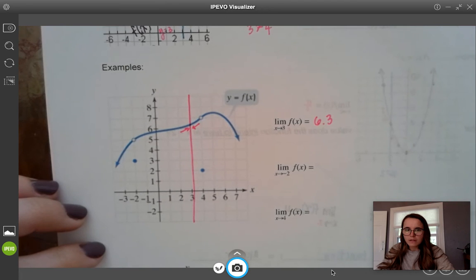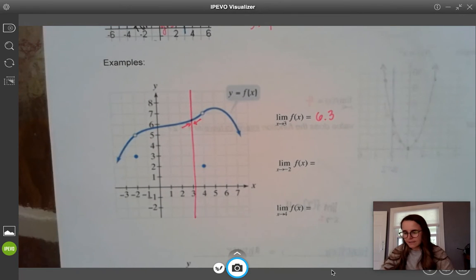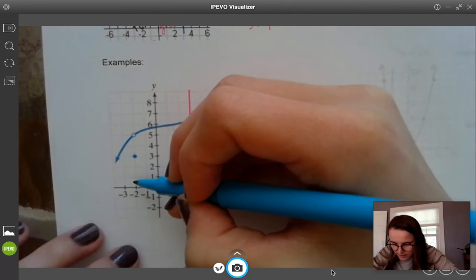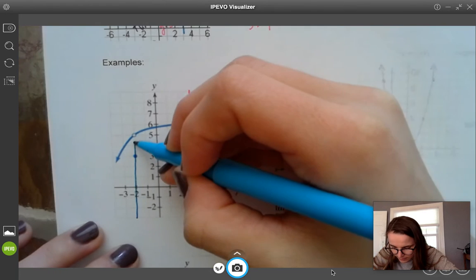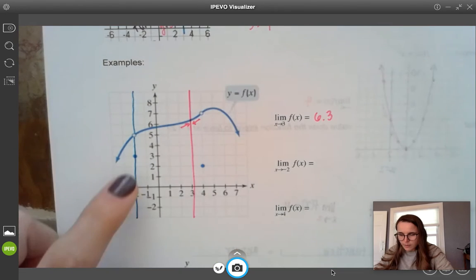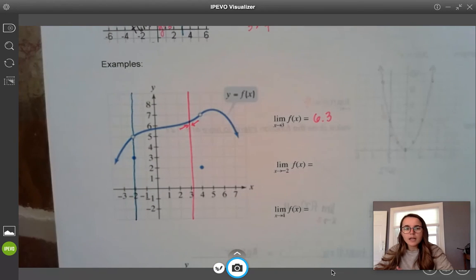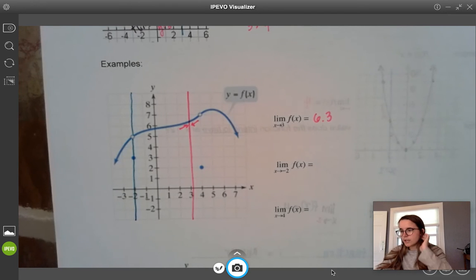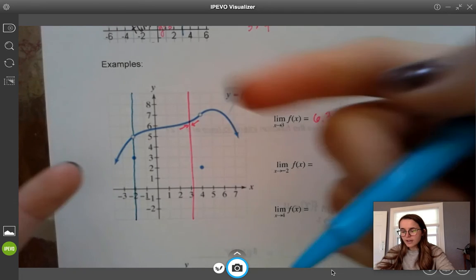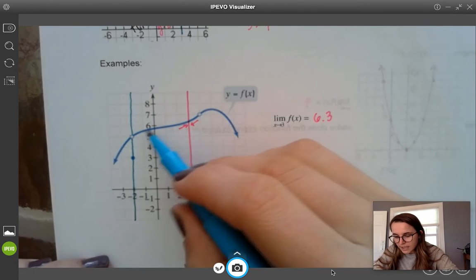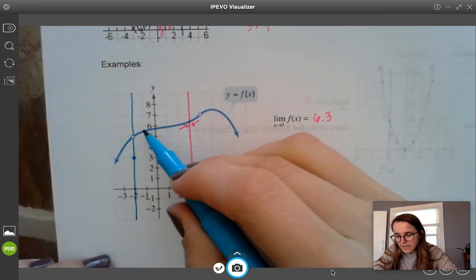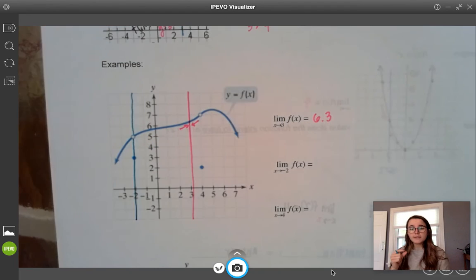All right, let's look at the limit as x approaches -2. So here is -2 over here. You'll notice we have a little point right here. That's actually not going to mess with us too much. We're going to look at the function, following the function right here as it's approaching from the left and from the right. Now, it does drop down. However, it's approaching that value.